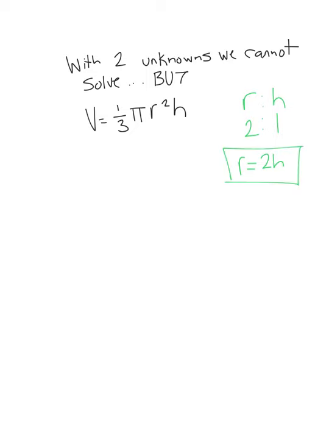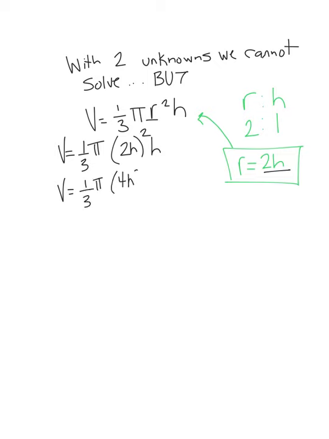But if I use this information in this equation, I'm able to rewrite it with only one variable. So I'm going to plug this in and say V is equal to 1/3 pi times (2h) squared, so I replace that r with my 2h, times h. So V is equal to 1/3 pi times 4h squared times h. V is equal to 1/3 pi times 4h cubed.